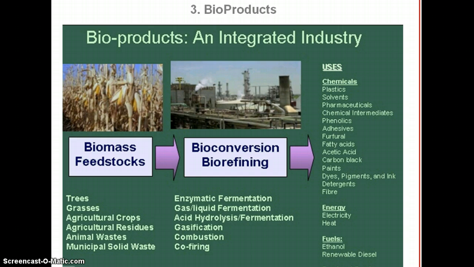So they take these biomass feedstocks, the same as petroleum feedstocks, or you're thinking of mass production of biomass fuel for the industry purpose, and they're converting it. They refine it just like you do petroleum, so it's like a byproduct of biomass, and they can make things like plastics, solvents, pharmaceuticals, adhesives.